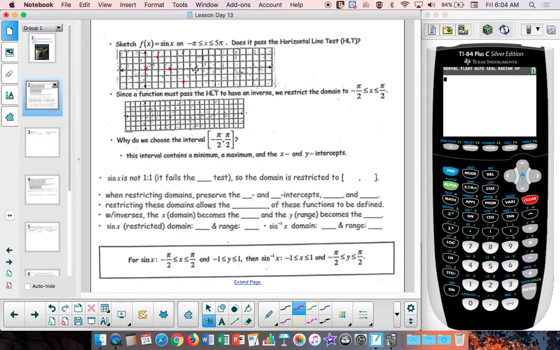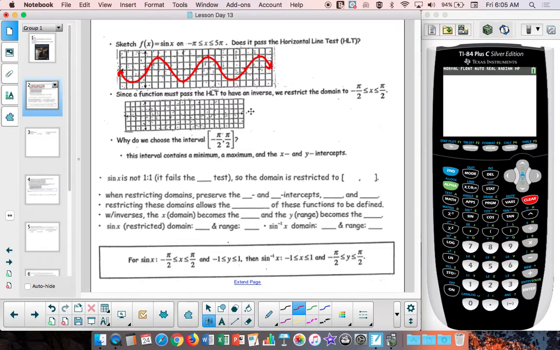So just graphing sine as usual. And I think if you do this, it should go from negative pi to 5 pi. So here is sine of x from negative pi to 5 pi.